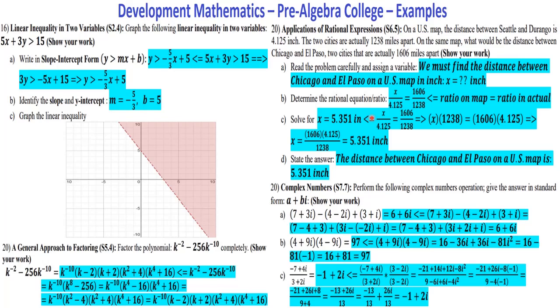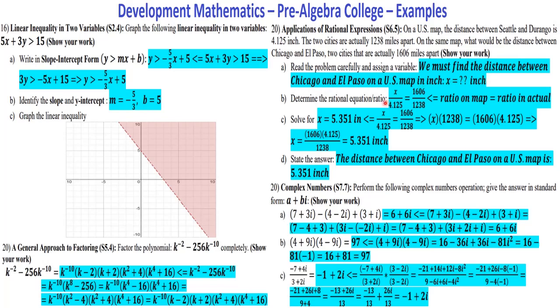On the same map, what would be the distance between the other two cities, Chicago and El Paso? First we need to read the problem carefully. Find the distance between Chicago and El Paso on a US map in inches.